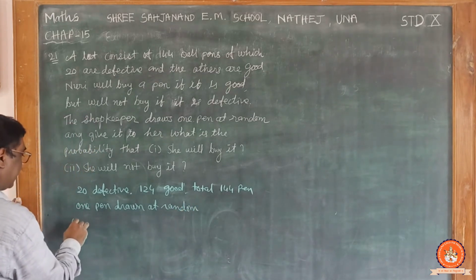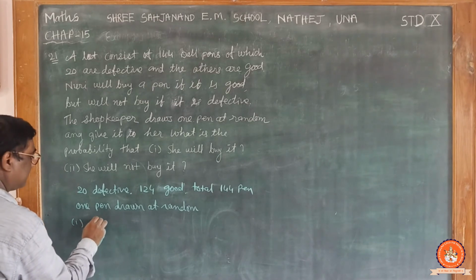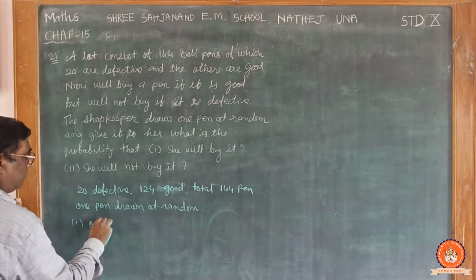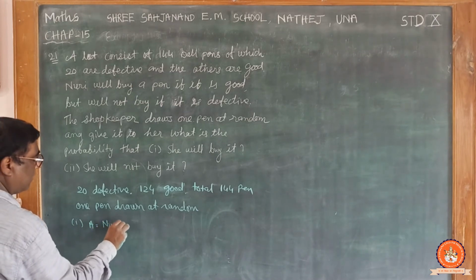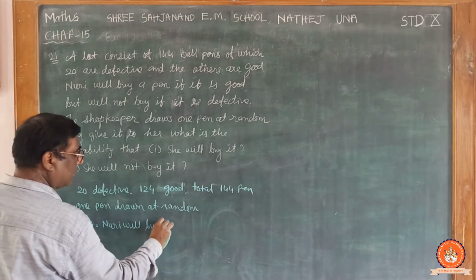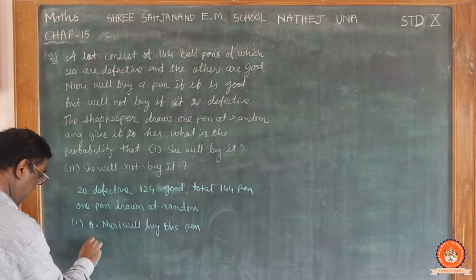So the probability of event A, that Nuri will buy the pen. What is P of A?